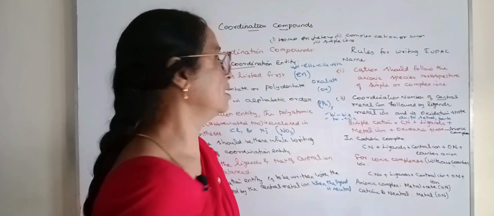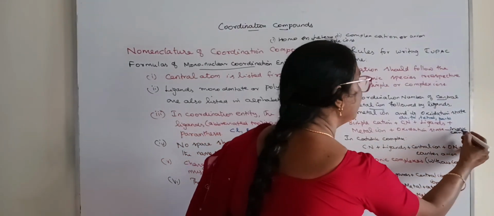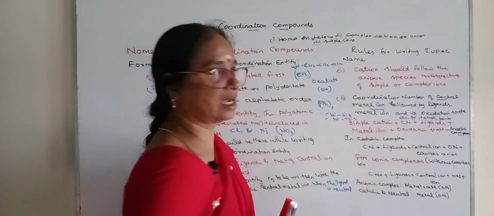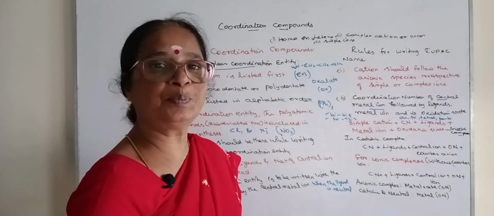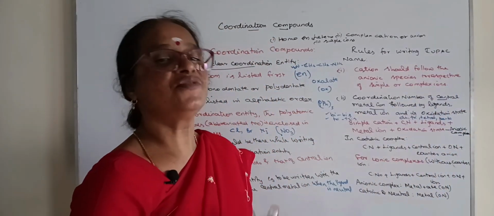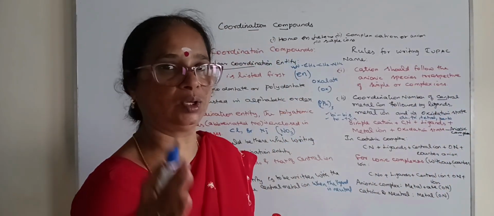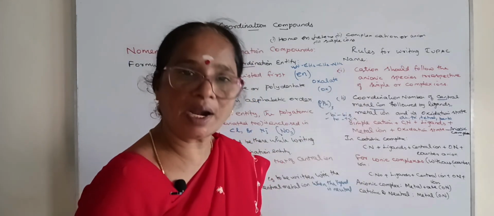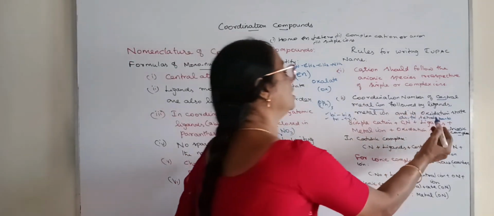The next one, how to name the complex. First of all, for an anionic complex, we have to start with the simple cation. After writing the simple cation, you go with the coordination number, finding out whether it is homoleptic or heteroleptic. For homoleptic, you can start simply with its coordination number followed by the ligand.